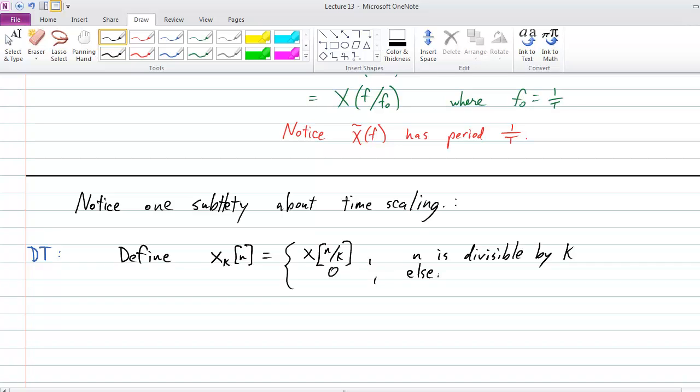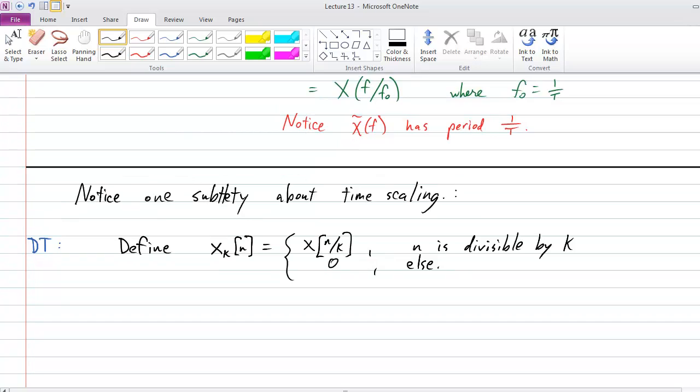So this just spreads our signal out with zeros in between. So we only have non-zero values every k. We looked at what this does to the Fourier transform in the problem set.